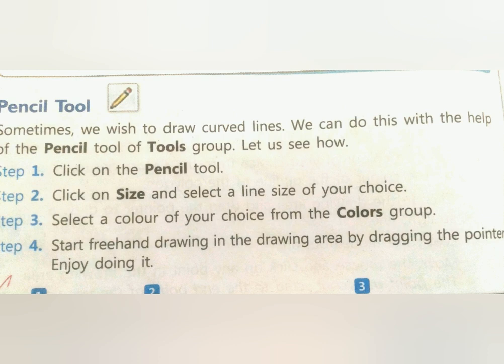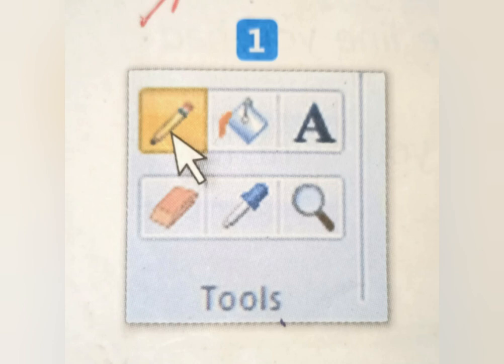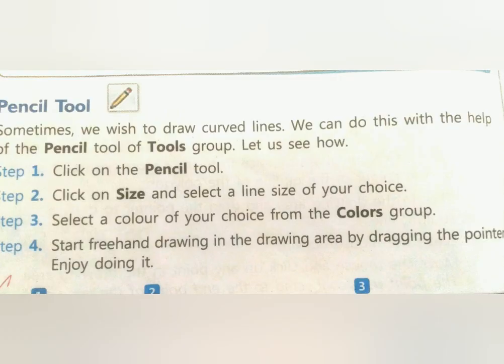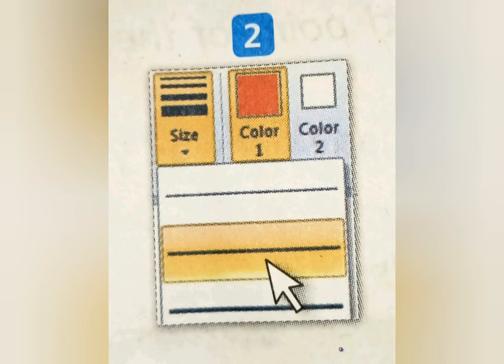Now we have to learn how to use the pencil tool. The steps are as follows. Step 1, click on the pencil tool. Step 2, click on size and select a line size of your choice. You can select the thickness of the line you want, as you can see in the picture also.